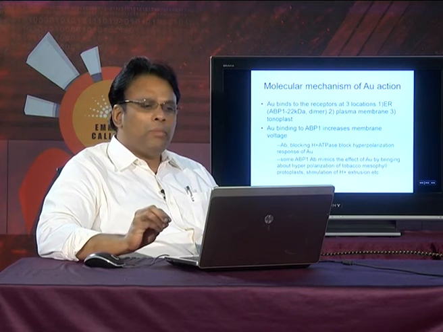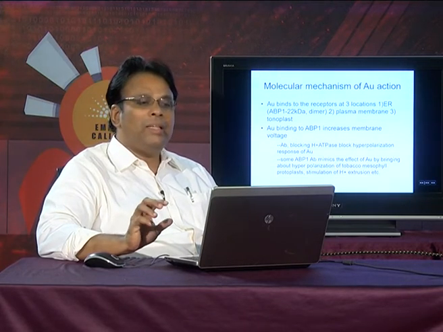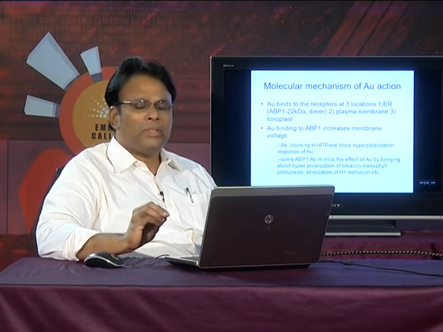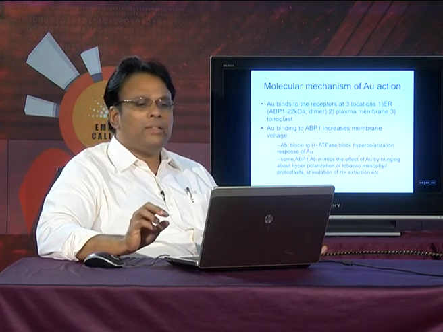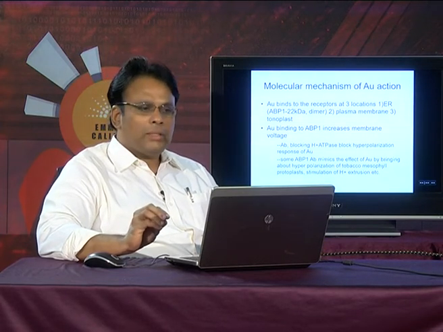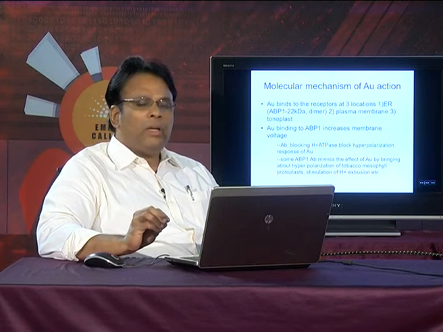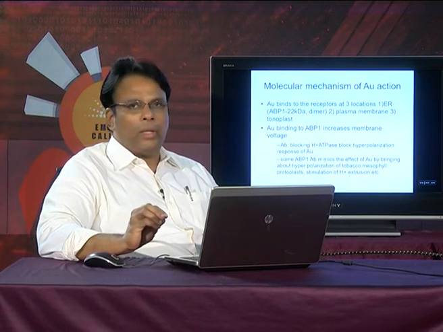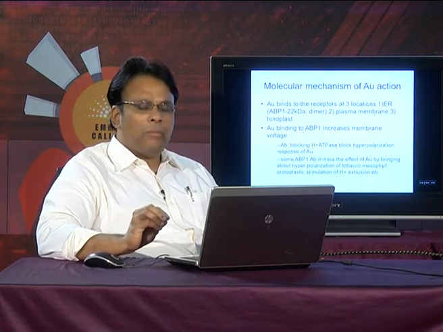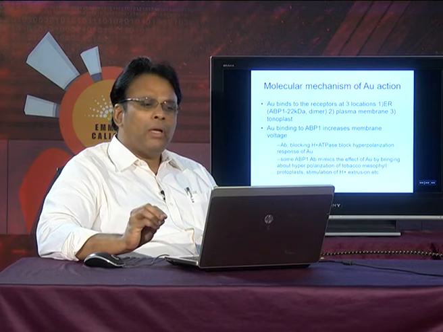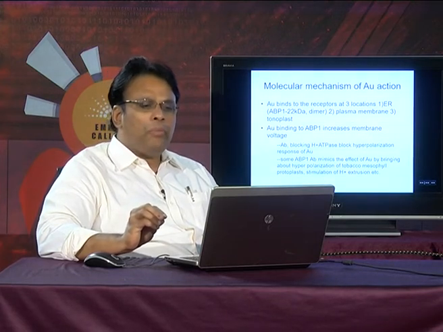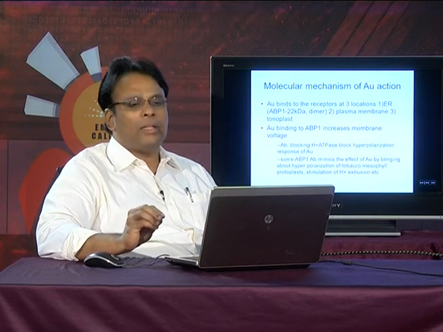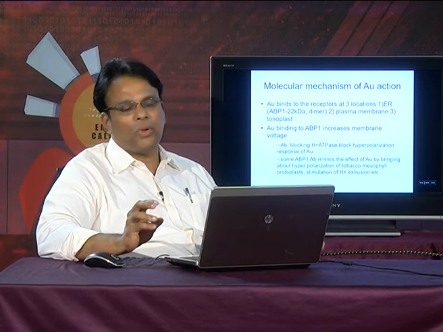And when the auxin binds to auxin binding protein, it increases the membrane voltage. So, one of the first actions of auxin binding is that you can see there is an increase in the membrane voltage. And even when you apply antibody, you can see that the same antibody can come and bind to this receptor and can block the ATPase and result in the hyperpolarization response of auxin.